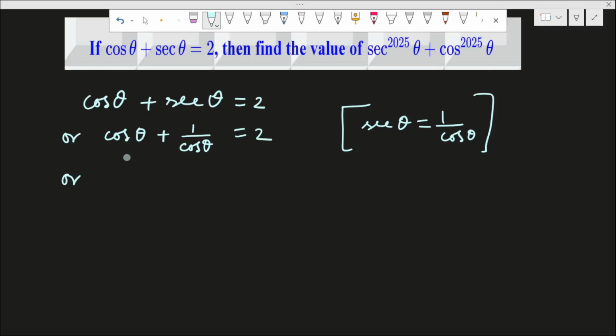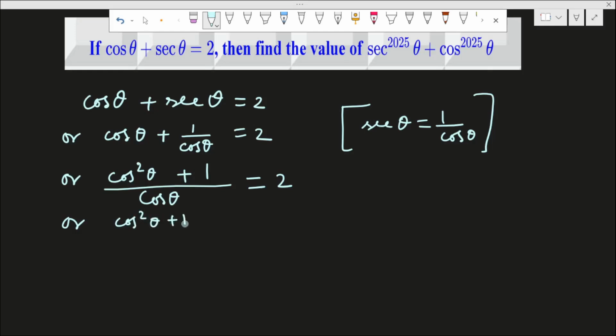Now reduce this equation to simplified form. That means adding on the left hand side: cos square theta plus 1 by cos theta is equal to 2. Now cross multiplying, cos square theta plus 1 is equal to 2 cos theta.